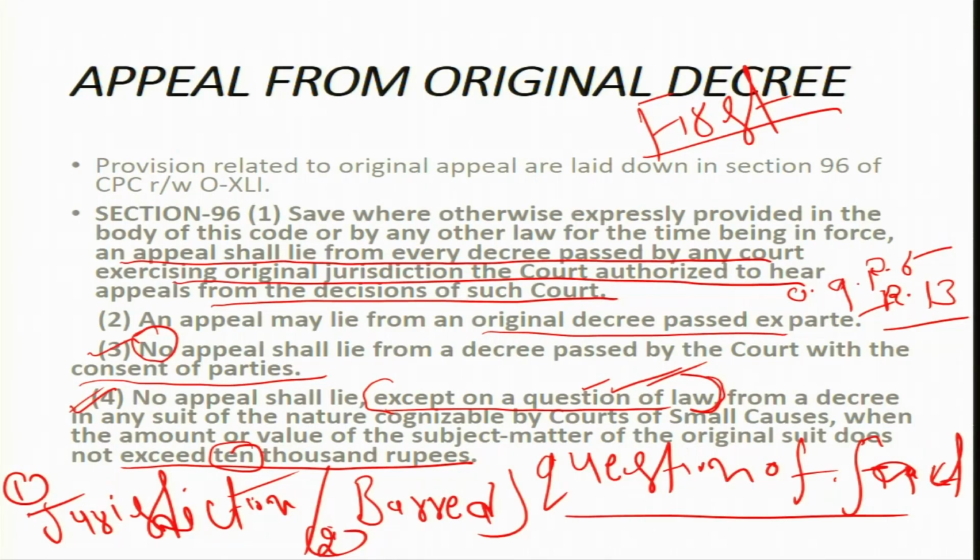These are examples; any other question of law can also be there. The court can come to know through the plaint and written statement. Here because we are in appeal, through the memorandum of appeal the court can come to know whether there is a question of law or not.